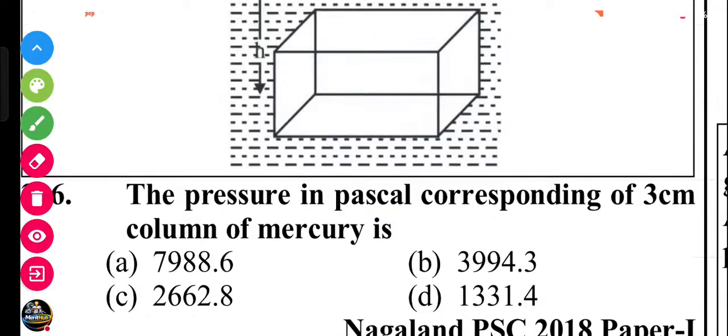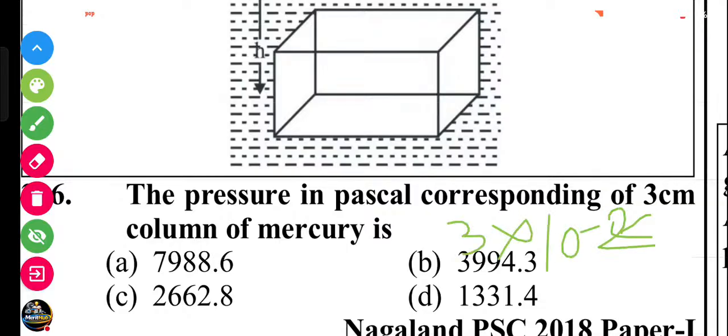Next question: the pressure in Pascal corresponding to a 3 centimeter column of the mercury. First convert 3 centimeter into meter: 3 into 10 to the minus 2 meter.